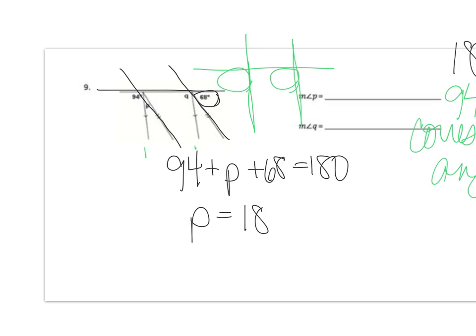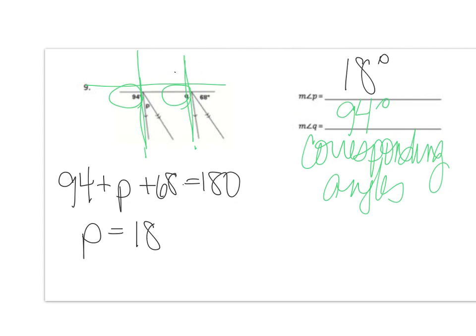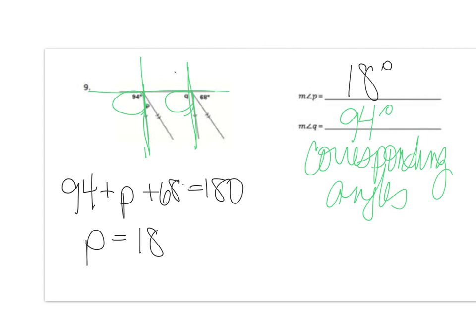So 68 is right here because it's corresponding. Then all three of these angles are a linear pair, which I did 94 plus p plus 68 equals 180, and then solved for p. Let me erase that so I can move the picture back. There we go. Okay, good job.